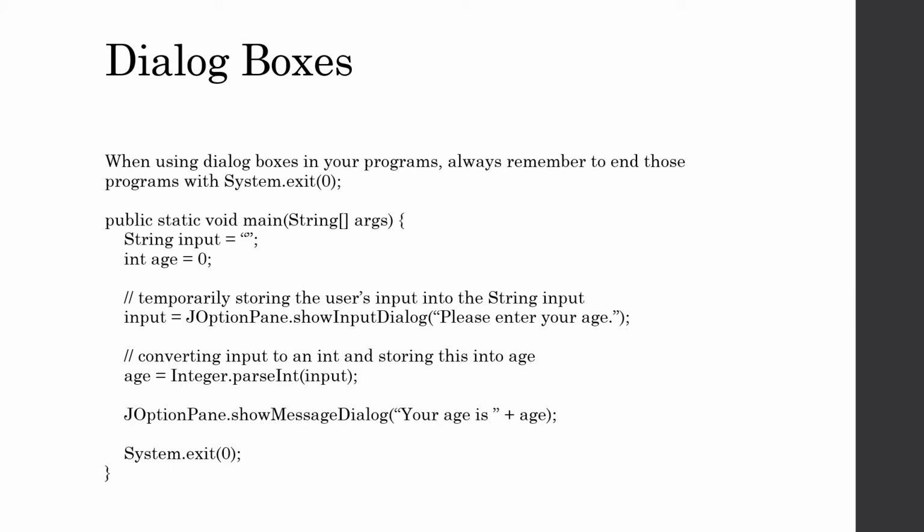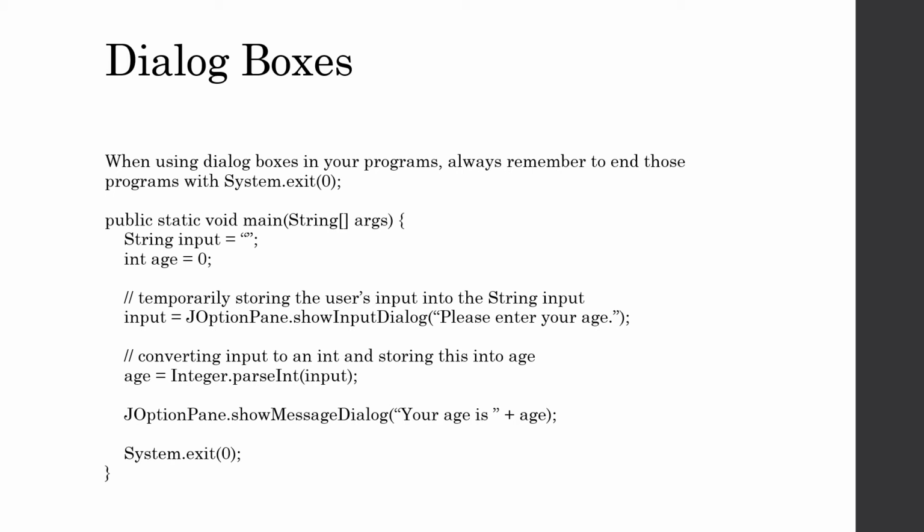Exit code 0 is meant to indicate that you're exiting safely and securely, meaning that the program successfully ran to completion. So whenever we finish our program at the very end of our main method, we're going to use System.exit(0). This is something very particular and very unique to using dialog boxes in your programs.